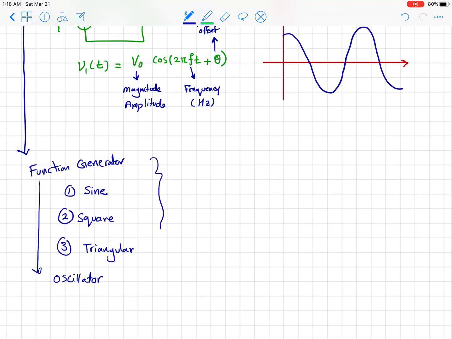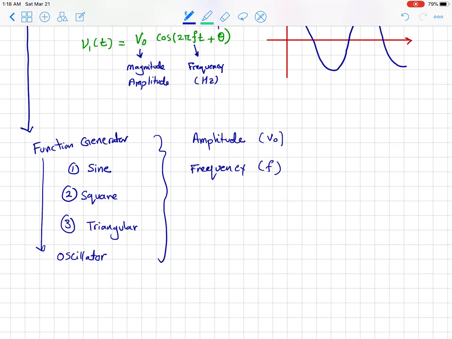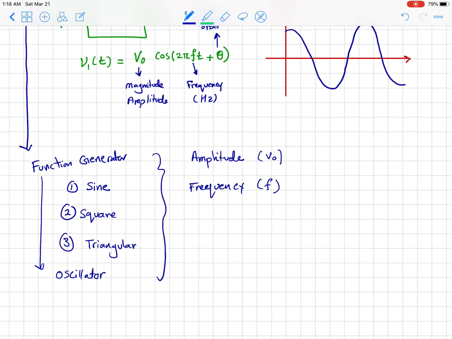And if you go to any function generator, you will see some parameters that you need to play with. The first one is the magnitude or the amplitude, something similar to V naught here. The second one is the frequency, how many oscillations per second.